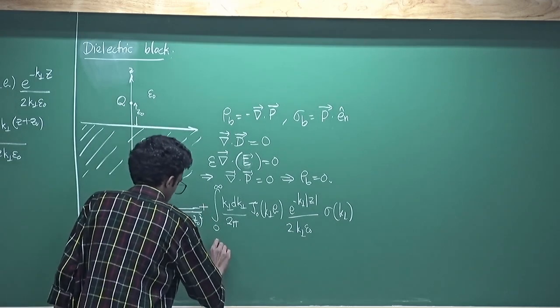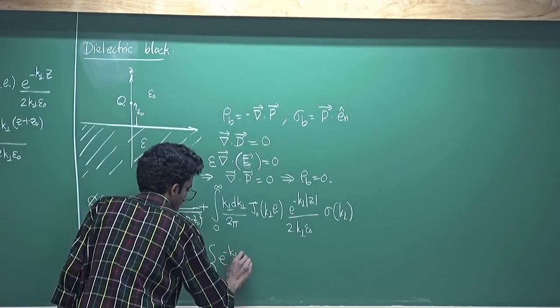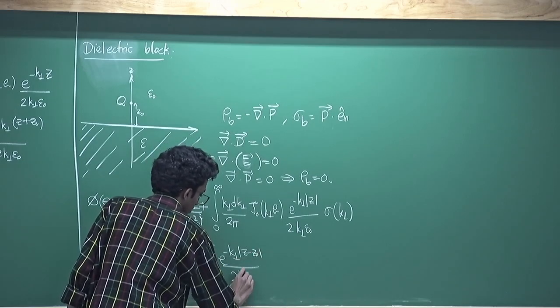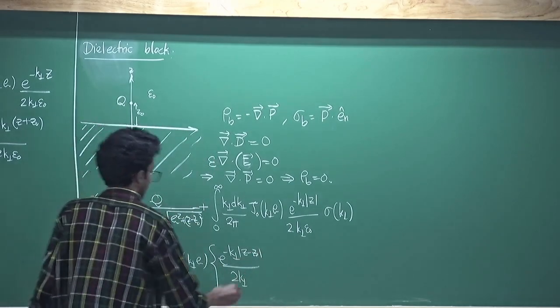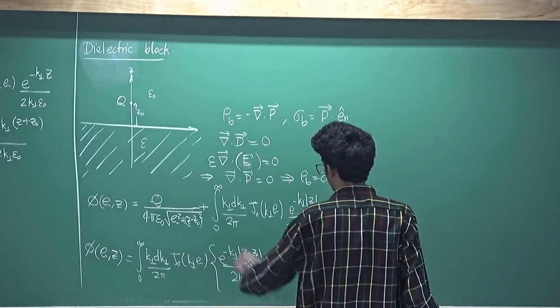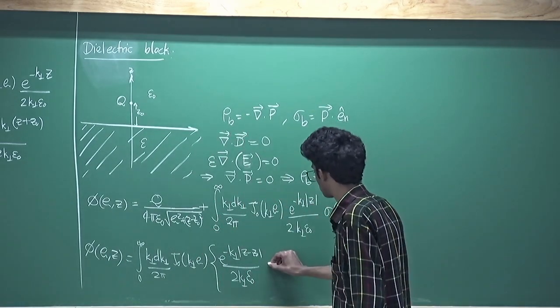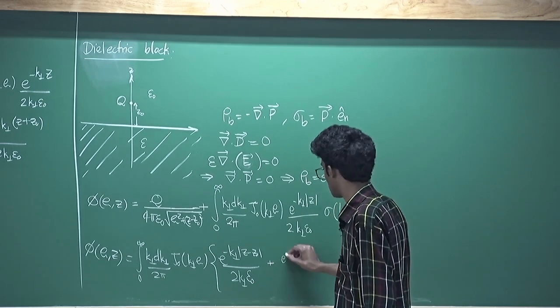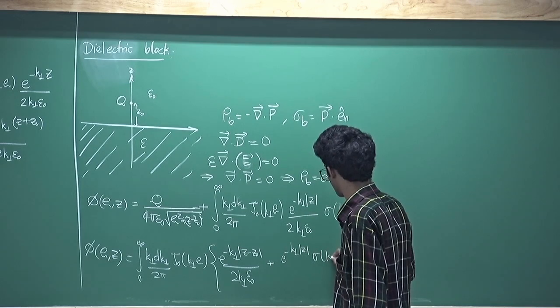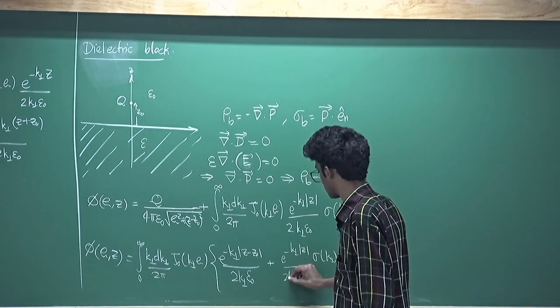You get e to the minus k perpendicular mod z minus z naught over 2k perpendicular epsilon naught. That's this bit, plus e to the minus k perpendicular mod z sigma k perpendicular over 2k perpendicular epsilon naught.